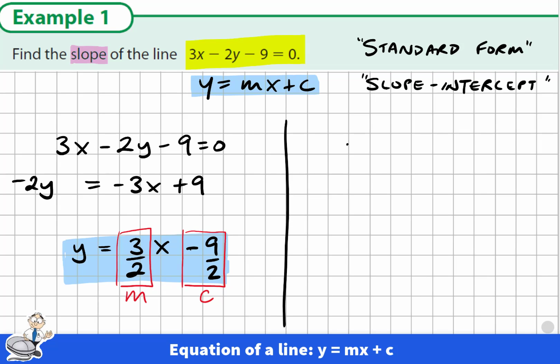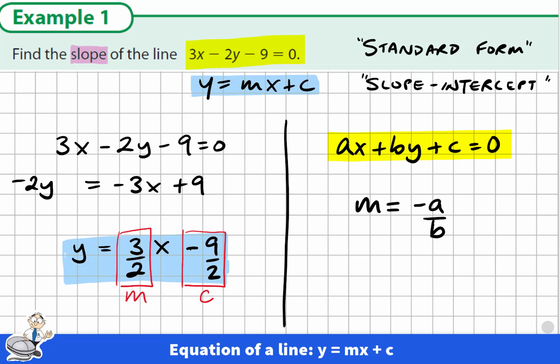So you have an equation that's ax plus by plus c is equal to 0. So that's called the standard form, the a bit written first. If it's written like that, the slope of that line is always going to be negative a over b. Okay, so if it's written that way, the answer is always going to be negative a over b.